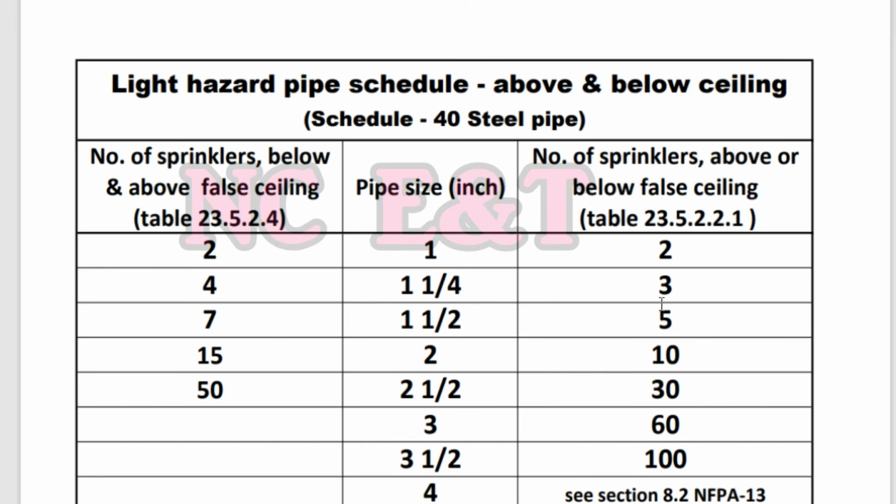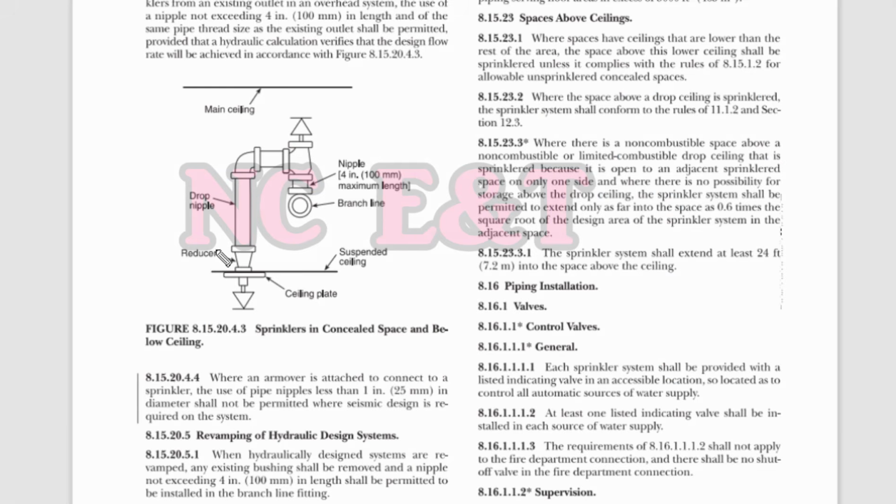But if we have a mixed distribution of sprinklers in one branch, and some sprinklers we have below the false ceiling and some sprinklers we have above the false ceiling, as it is shown here, it is the main, then this branch line is coming from here, so we can see this is our branch line, and we have one sprinkler above the ceiling and another sprinkler below the ceiling.